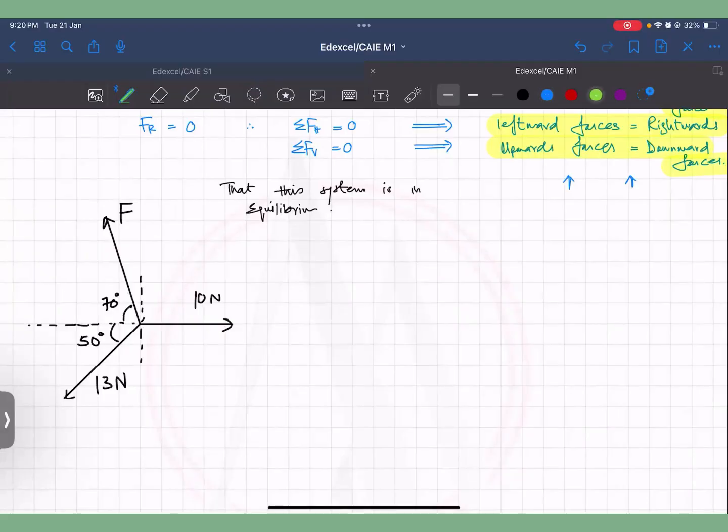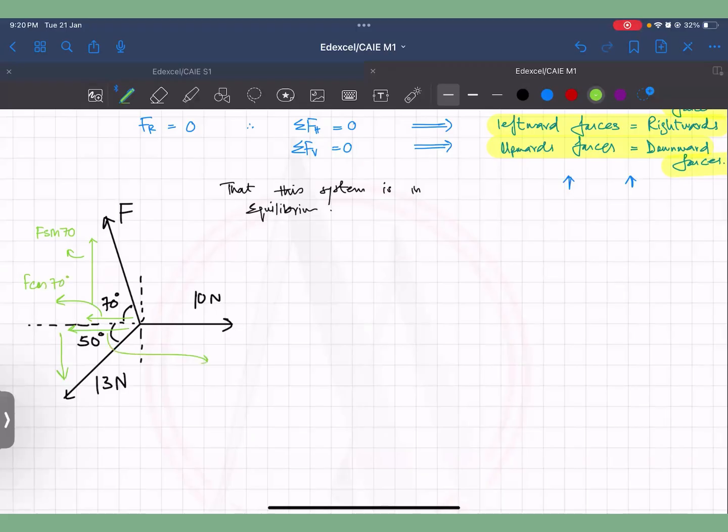So the vertical component for this, and the horizontal would be this, and the vertical would be this. So this would be F, and the component opposite to the angle is sine, F sine 70. And this one would be F cos 70.